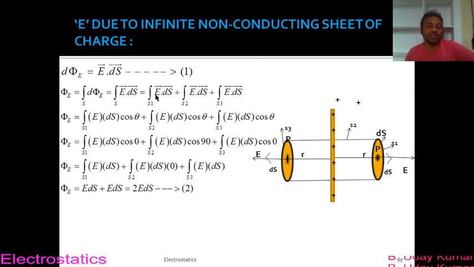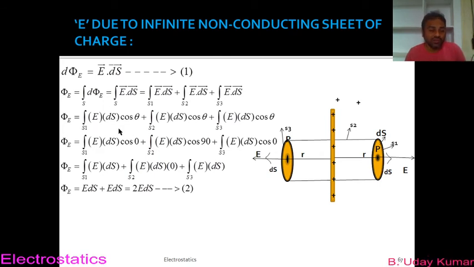Since E dot ds is known to you, E dot ds is nothing but E ds cos theta, so write it down. Here also you get E dot ds as E ds cos theta, and here also, where theta is the angle between the electric field intensity and the surface vector at that point.